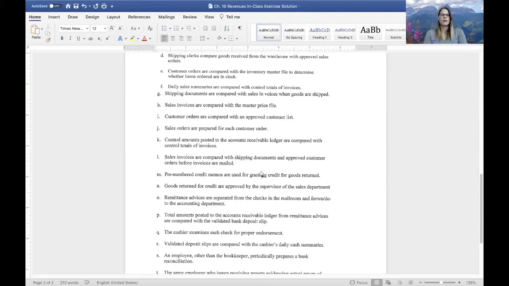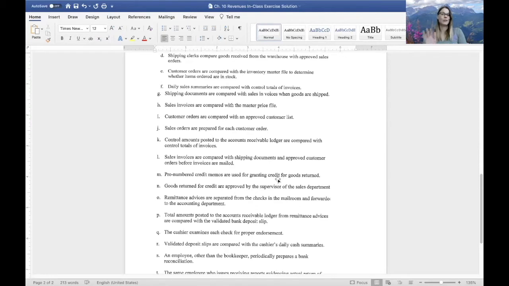So in this case, what credit memos are used for is when a customer returns product or has damaged product and needs a refund. Okay, so credit memos are used to approve the fact that we are giving this customer a refund. So the credit in this case is credit on their account, as in a refund.